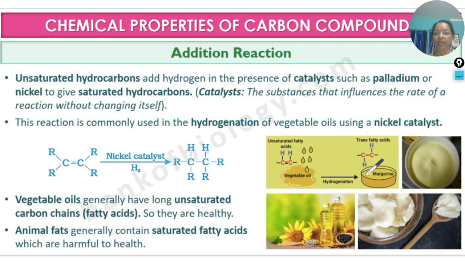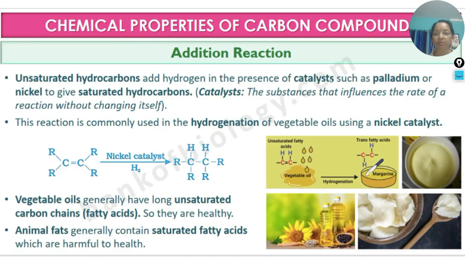What do we mean by catalyst? Catalysts are substances that influence the rate of reaction. So it may increase or decrease the rate of the reaction. In many cases, it is increasing the rate of the reaction without changing itself. The catalyst will not be changed even after the completion of the reaction, but it increases the rate of the reaction. They are called the catalysts.